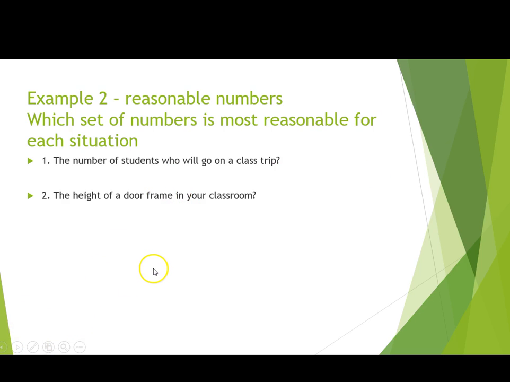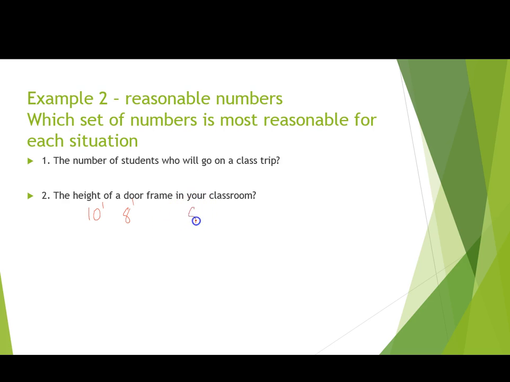The height of a door frame is another thing we could talk about to see what number sets would work. Now some door frames would be 10 feet or 8 feet, something whole. Door frames can't be negative numbers, but there are positive rational numbers.